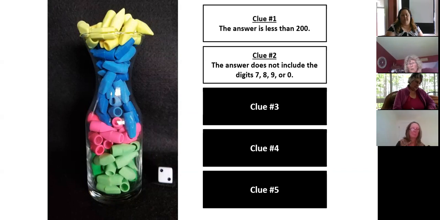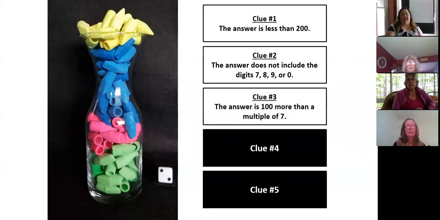The answer is 100 more than a multiple of 7. So we know that if it's a multiple of 7, it's 100 more than that. So we already know now that we're going to have more than 100, right?